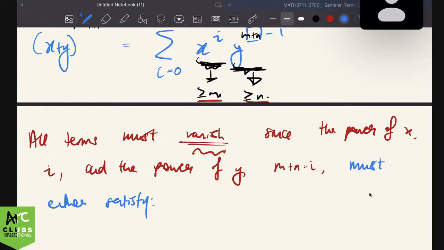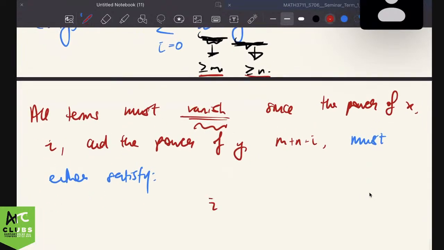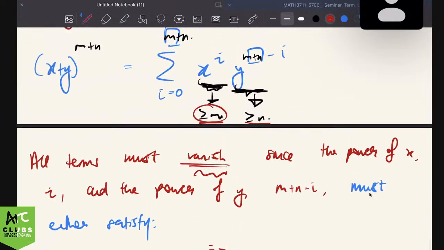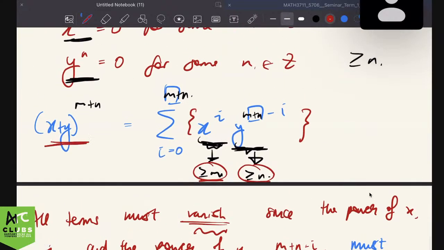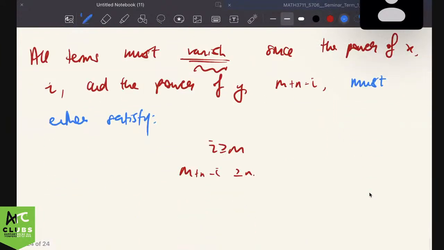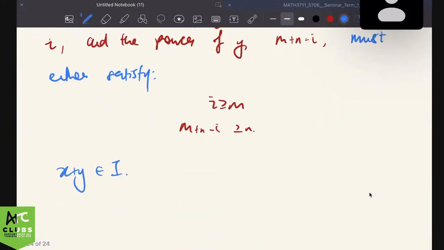So it must either satisfy i is greater than or equal to m, or m plus n minus i is greater than or equal to n. Because if it's not true, if this is less than m and this is less than n, then the powers won't actually add up to m plus n. Okay? So yeah, that means that x plus y is also in the group. And so we have an abelian group.